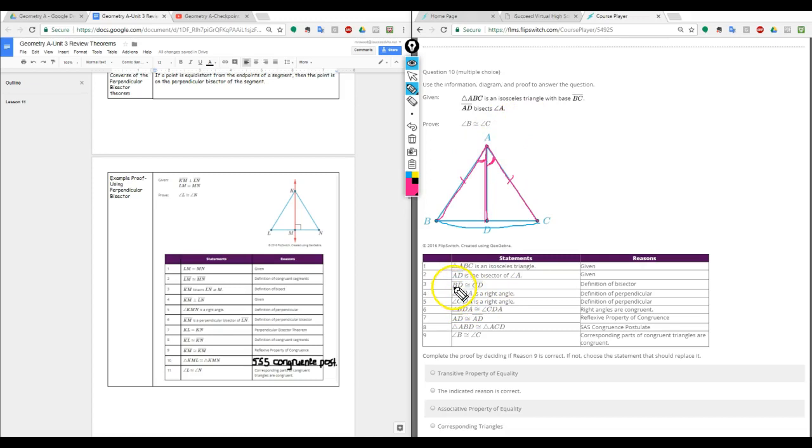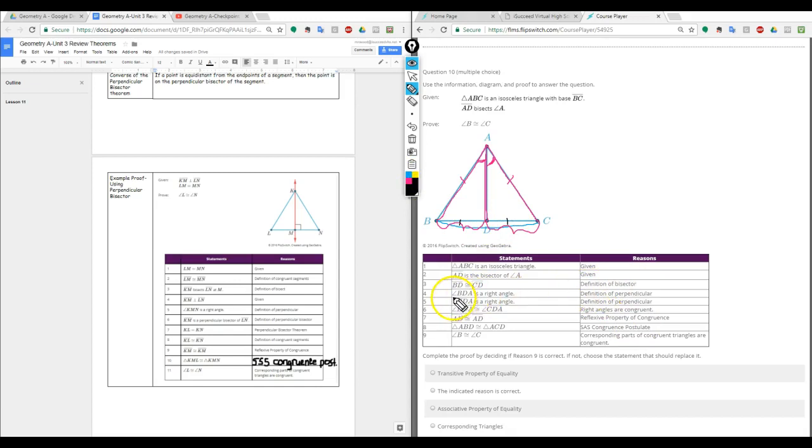So then segment BD is congruent to segment CD. So that's saying right here, BD is congruent to CD, which is the definition of a bisector.